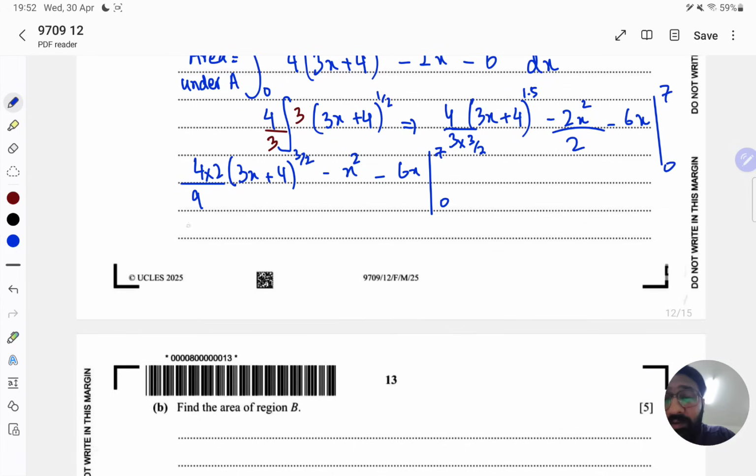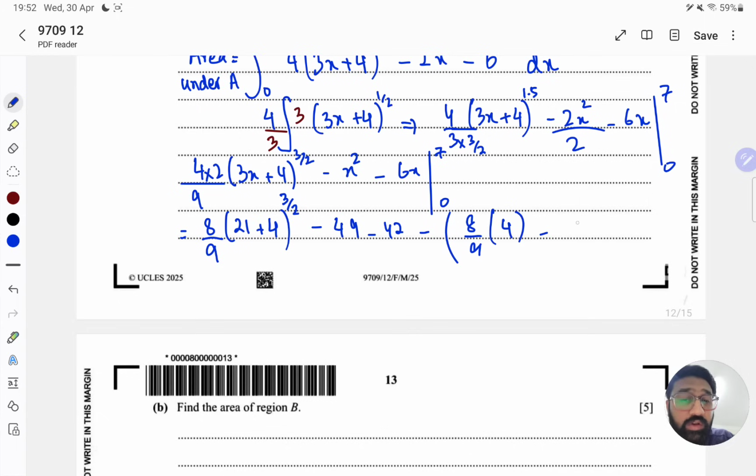Now if we substitute the limits, 8 over 9 (21 + 4)^(3/2) - 49 - 42. This is the upper limit, minus the lower limit, which is 8 by 9 (4 - 0).